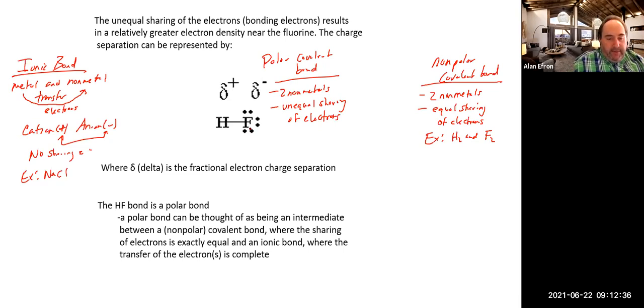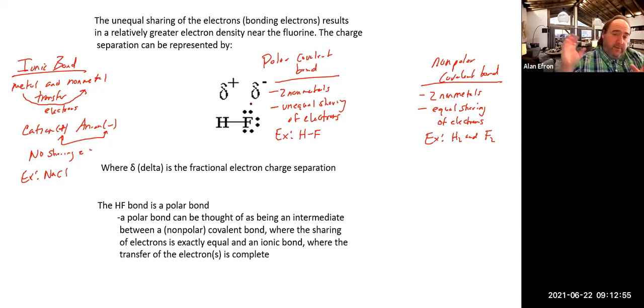An example here would obviously be HF. The fluorine, being more electronegative, pulls the electrons, and the hydrogen becomes more positive because it's losing its electrons, but hasn't completely lost them.